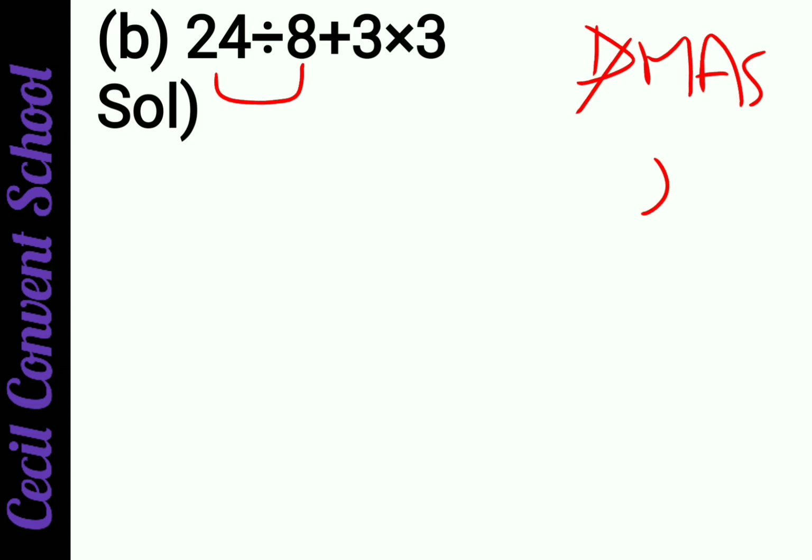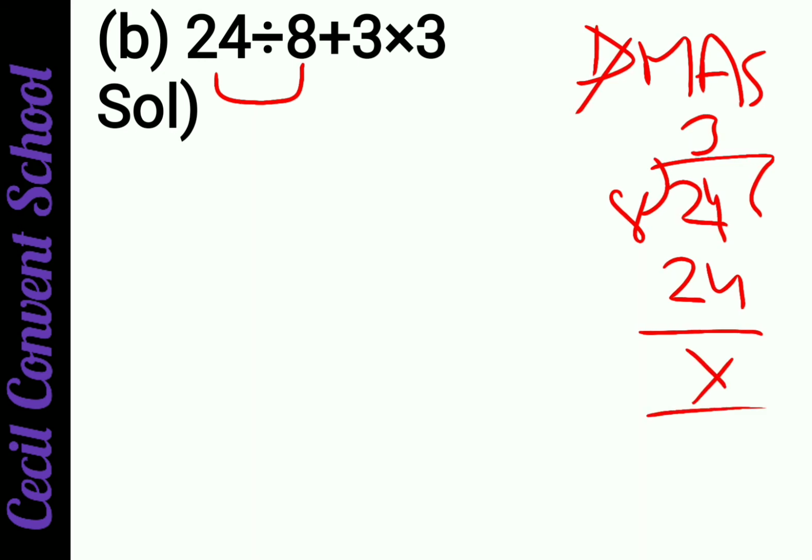When you divide 24 by 8, the answer will come 3, because 8 3s are 24. So these small divisions you must know. As I told you, in place of 24 divided by 8, 3 comes, and the rest of the things will come as they are. So I will write plus 3 into 3.